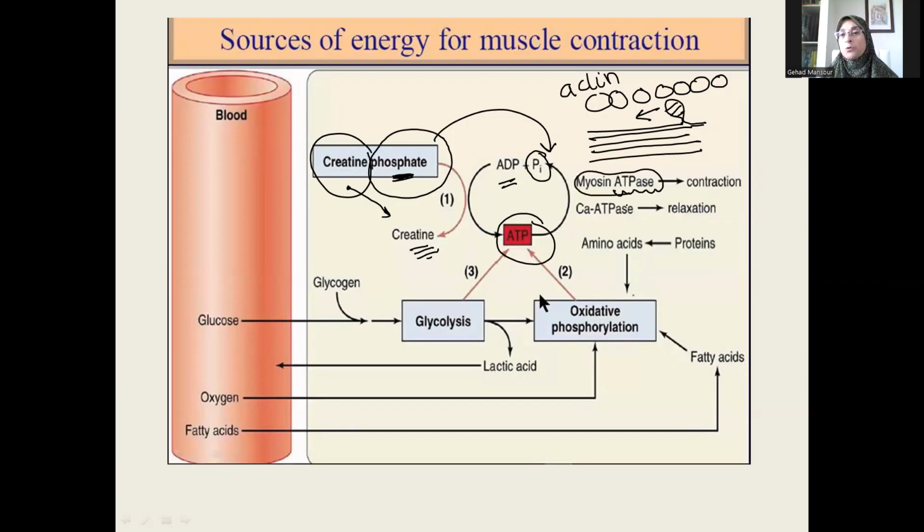And this is the role of the ATPase enzyme. So the ATPase enzyme is a hydrolytic enzyme. It hydrolyzes ATP once again into ADP and phosphate to release energy. And this energy is important for the myosin heads to do their characteristic stroke on the actin filaments to pull them towards the center and result in shortening of the whole sarcomere.